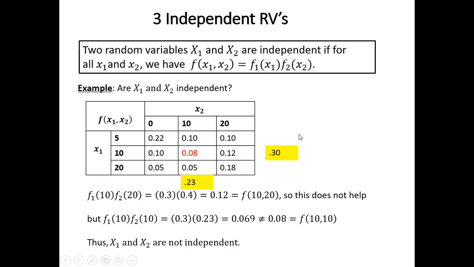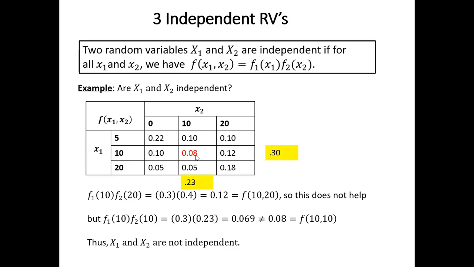One way to go about this is to check the marginal PDFs. Remember, the marginals would be these row sums and the column sums. If the product of the marginals is equal to the value in the corresponding cell, and if that's true for all pairs, then you know you have independence.